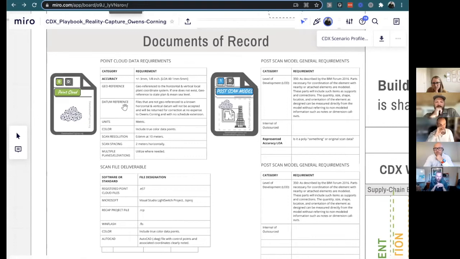Yeah, I think the LOA is one of those very subjective things where it's like, what are you trying to capture? For instance, if you're scanning the exterior of a building, and you need to understand is it brick versus CMU?